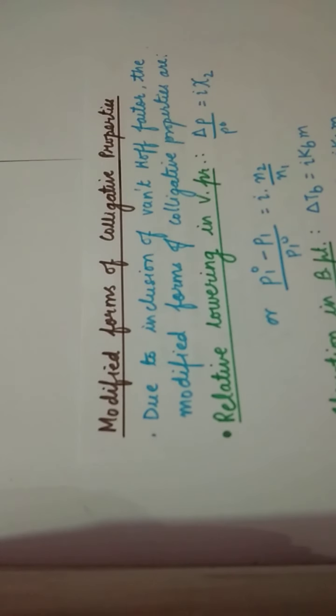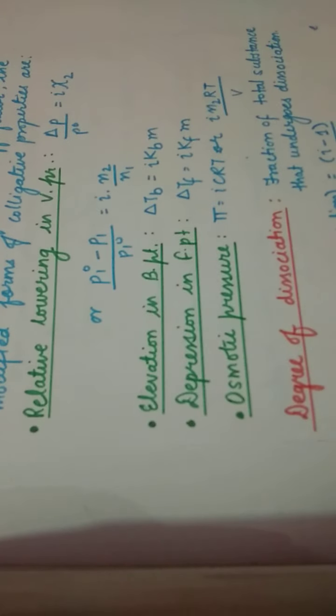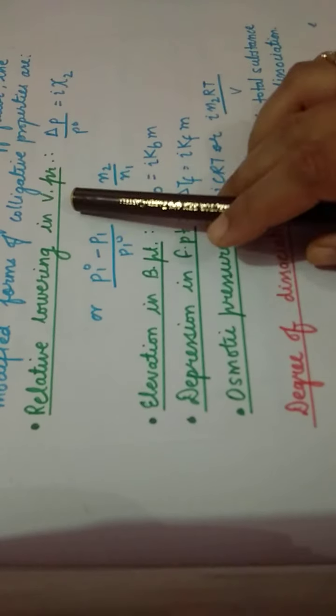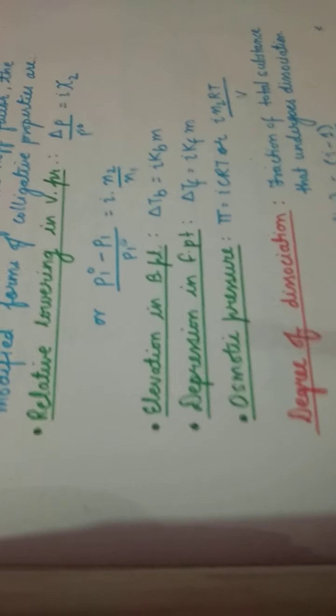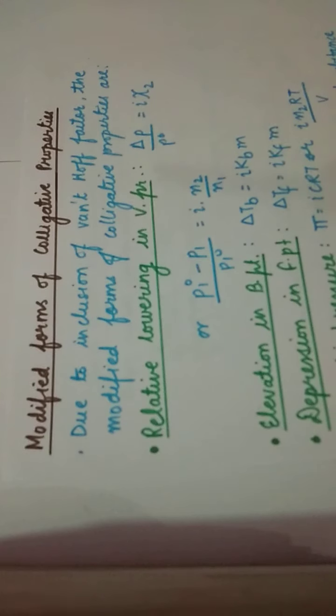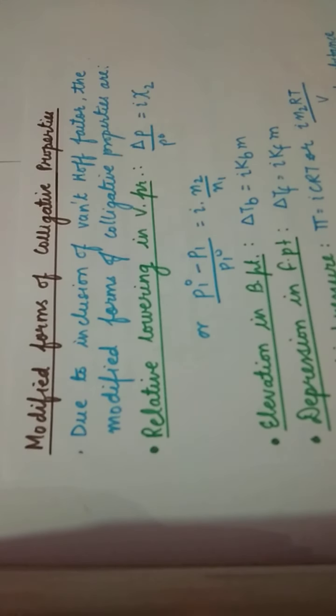Okay. Next one is modified forms of colligative properties. Colligative properties, children, we have already done four: relative lowering in vapor pressure, elevation in boiling point, depression in freezing point, and osmotic pressure. So after the inclusion of Van't Hoff factor, we have included Van't Hoff factor I in these four colligative properties.